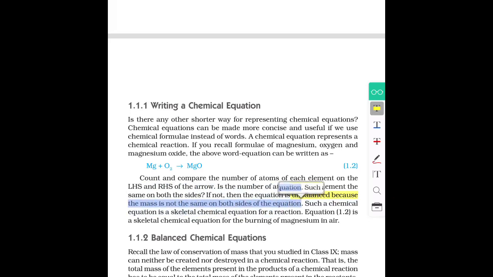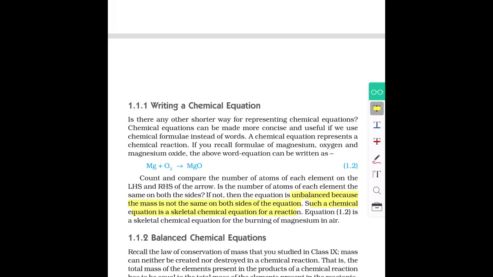Such a chemical equation is a skeletal chemical equation for the reaction. Chemical equation 1.2 is a skeletal chemical equation for the burning of magnesium ribbon.